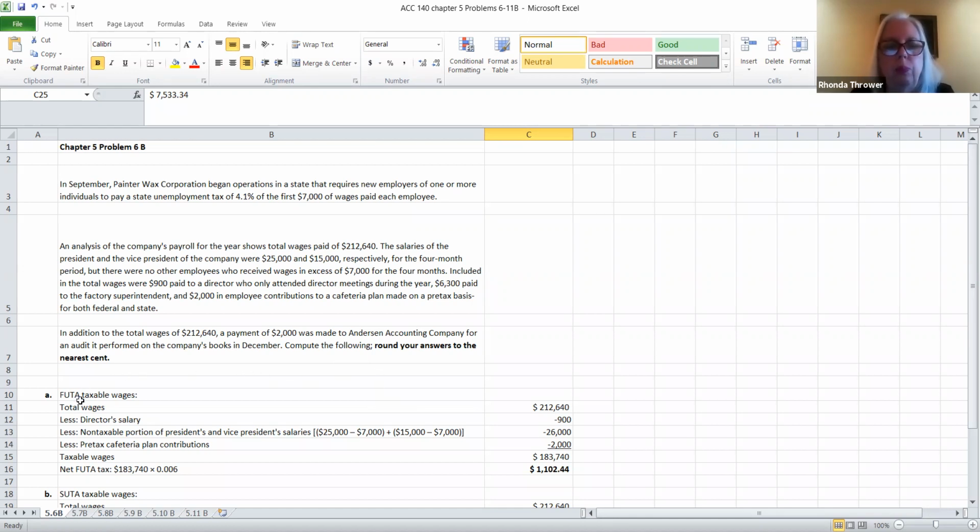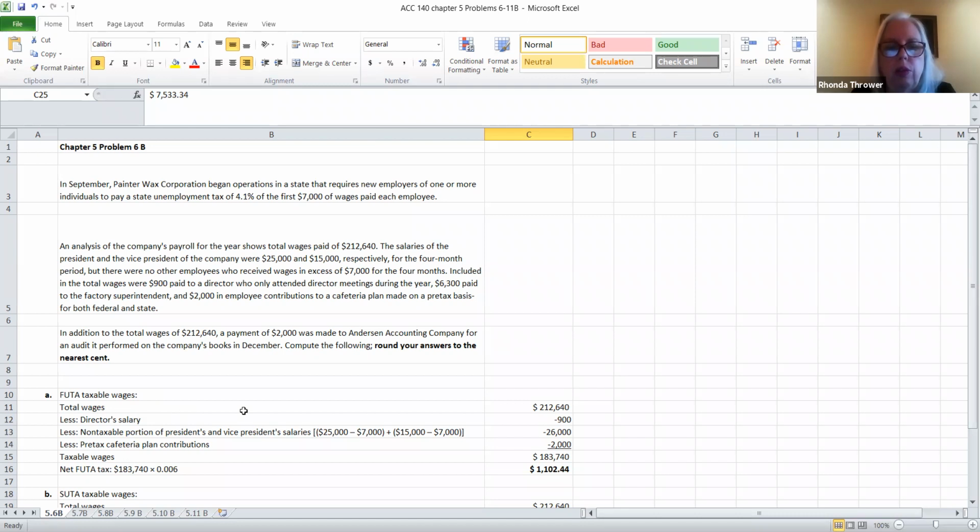They want you to compute the FUTA, net FUTA tax in part A, and we do that by starting with the FUTA taxable wages, or finding the computations for the FUTA taxable wages.